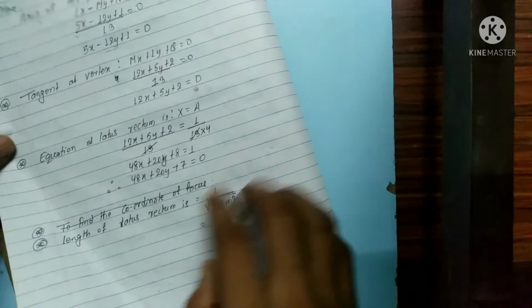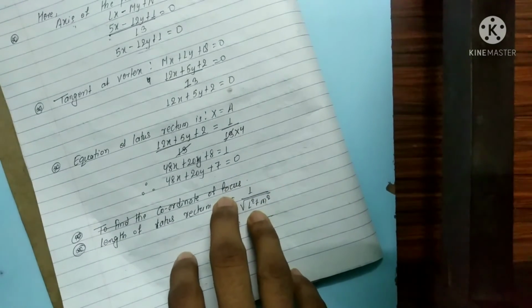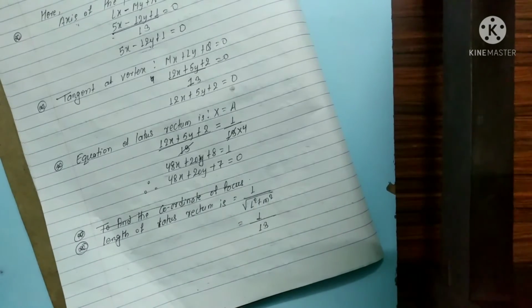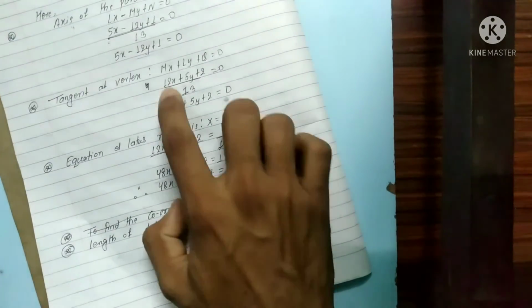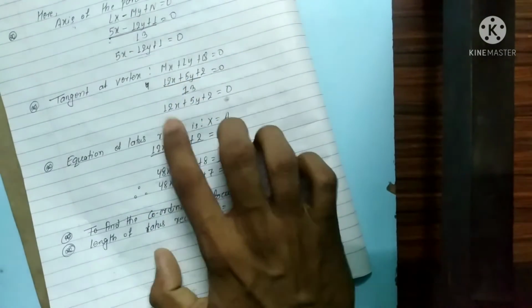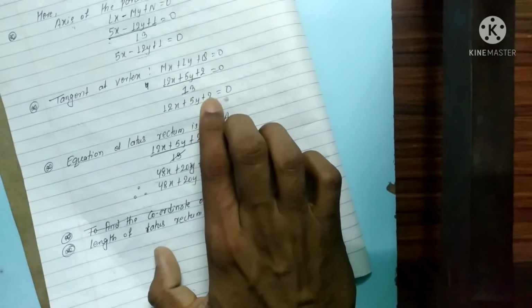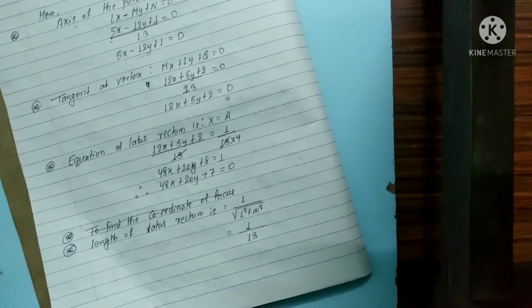We write x is equal to 0, if the question says tangent at the vertex. You find the tangent at the vertex. So you write 12x plus 5y plus 2 by 13 equal to 0. So 12x plus 5y plus 2 is equal to 0, since 13 multiplied by 0 is 0. So we find the tangent at the vertex.